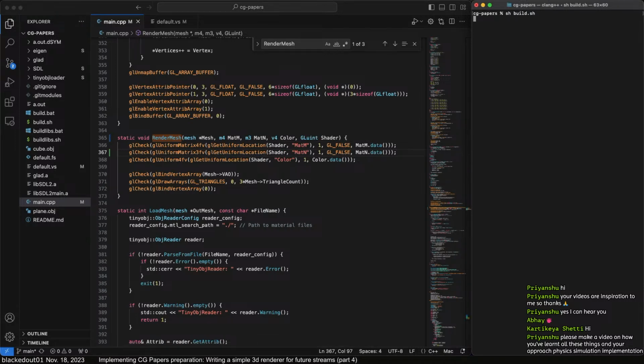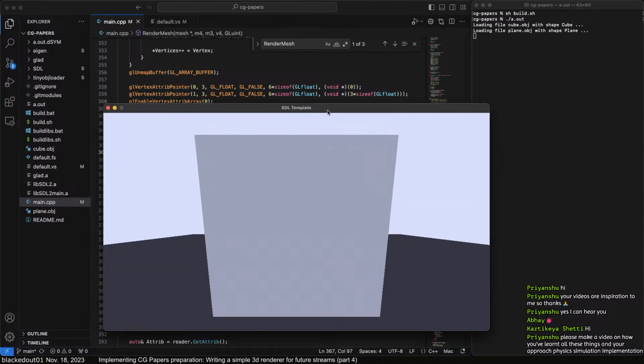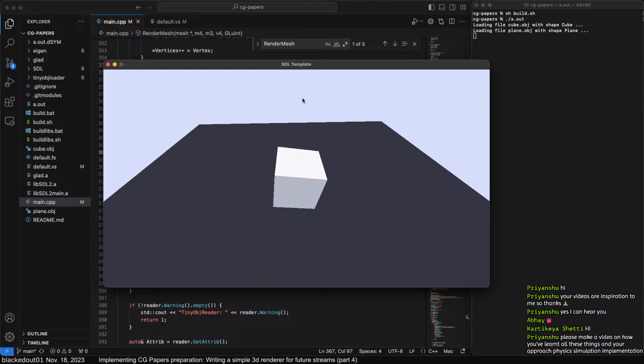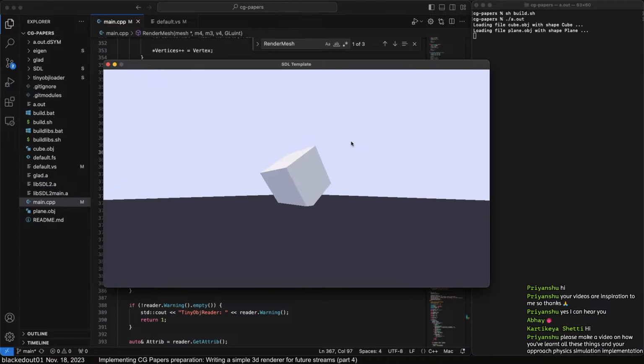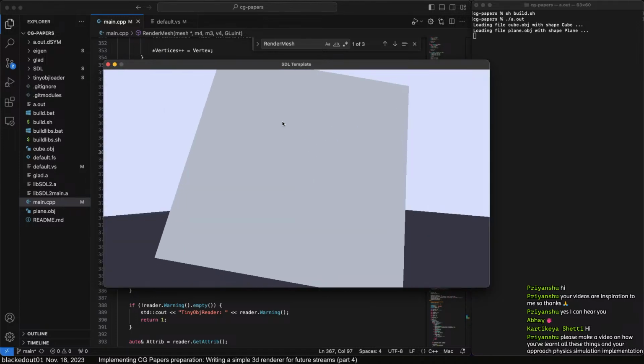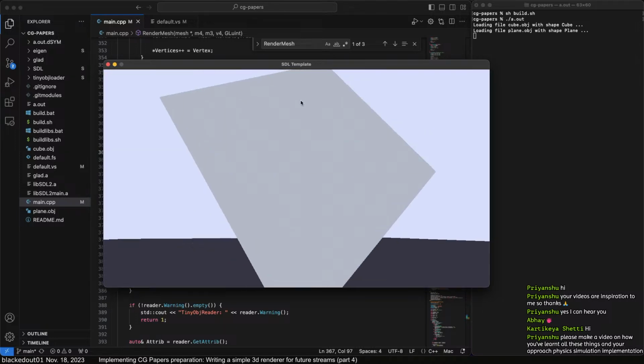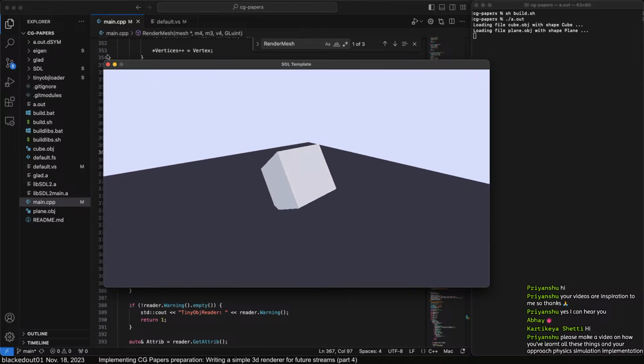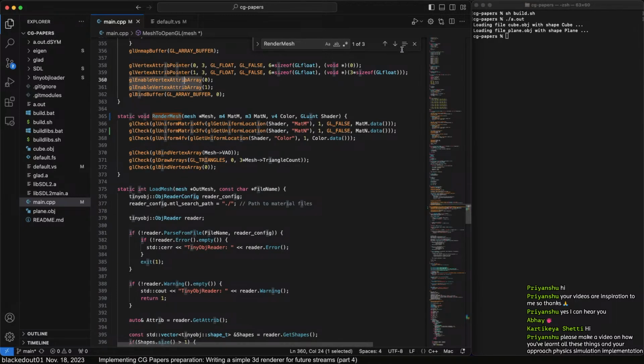But now it should work. So now the normals get transformed too. And as you can see, the top part of the cube is lit, which is correct. And well, the bottom part is still dark. Yeah. But that's not all.